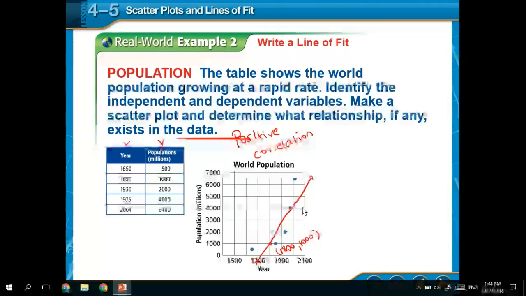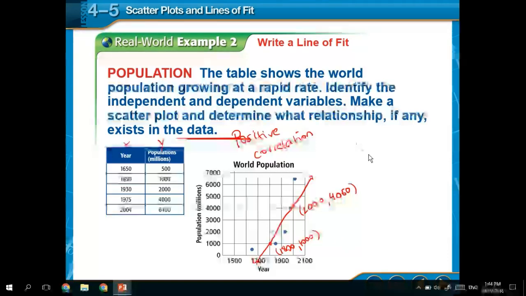And let's see, we can pick, let's do this right here. So let's say that point there is 2000, and it's slightly above 4000. So we'll do 4,050, whatever. Okay, so from those 2 points, you're going to write an equation of a line.